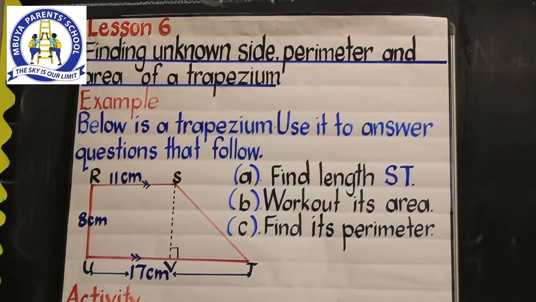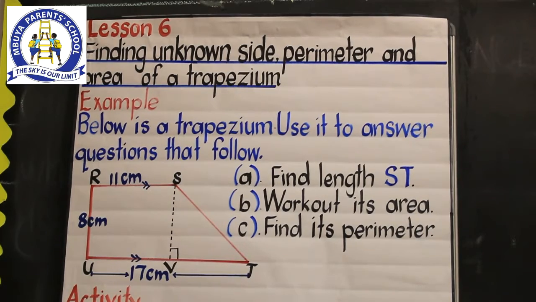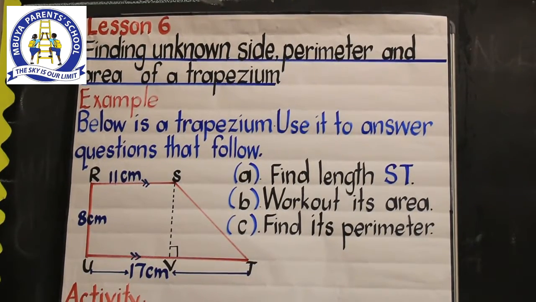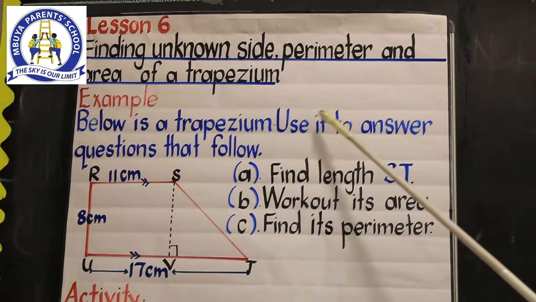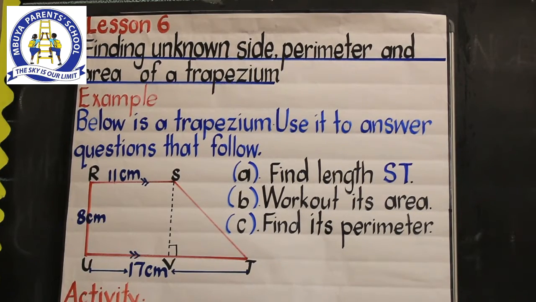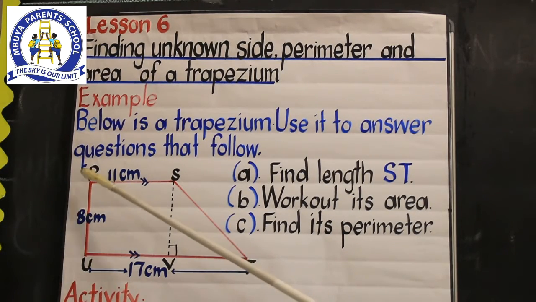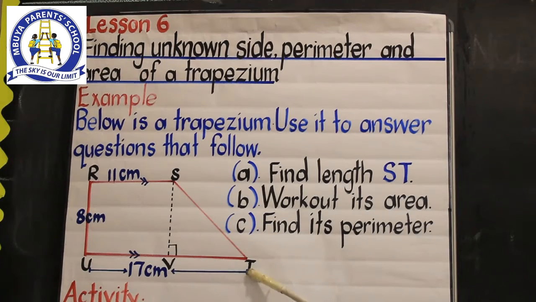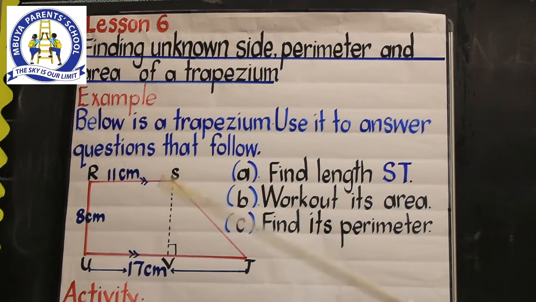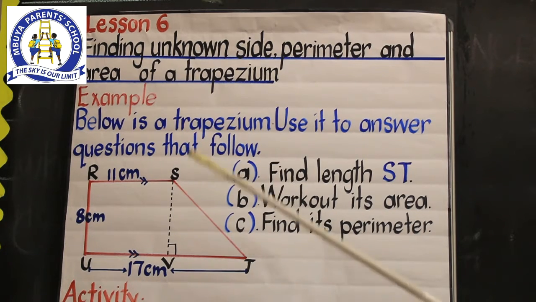And our example 1 goes, below is a trapezium. Use it to answer the questions that follow. And the trapezium is RSTU. The RS is given as 11 centimeters. The ST not given.